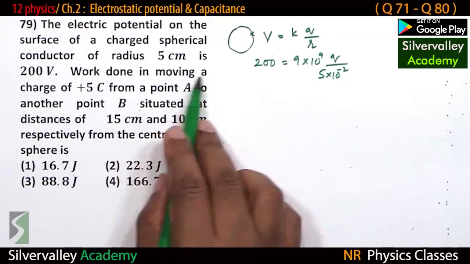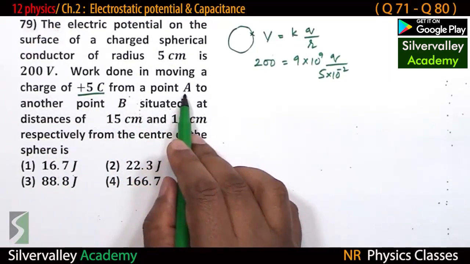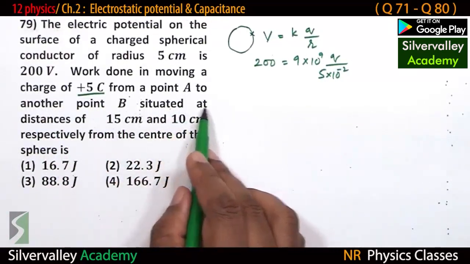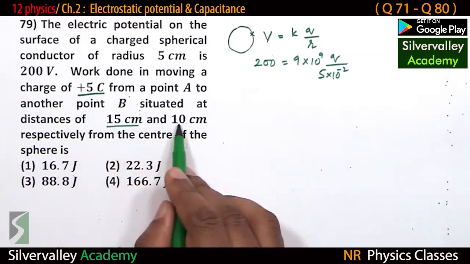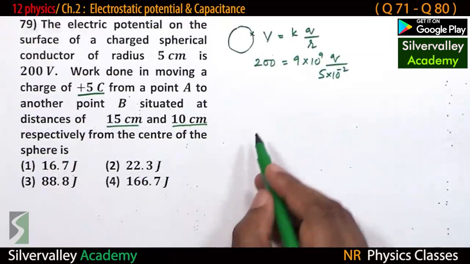Work done in moving a charge 5 coulomb from A to B situated at distances 15 centimeter, 10 centimeter respectively from the center of the sphere is?